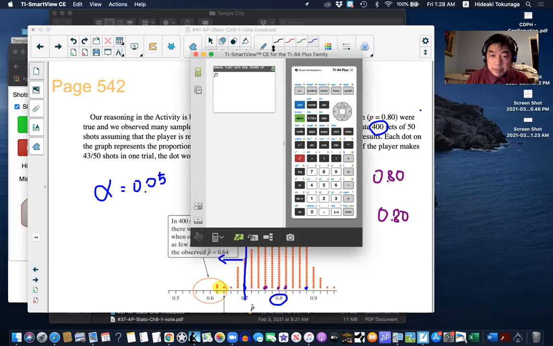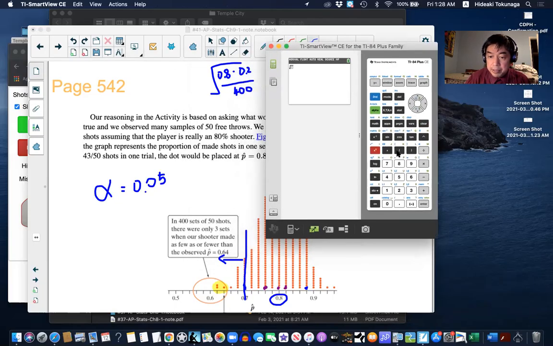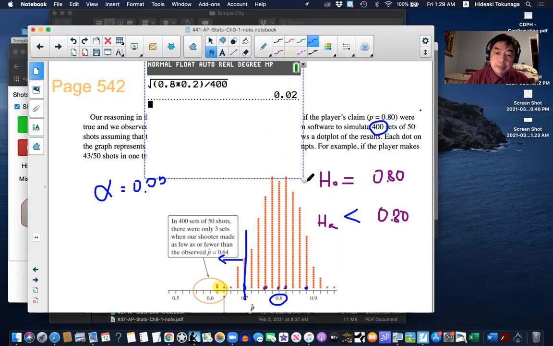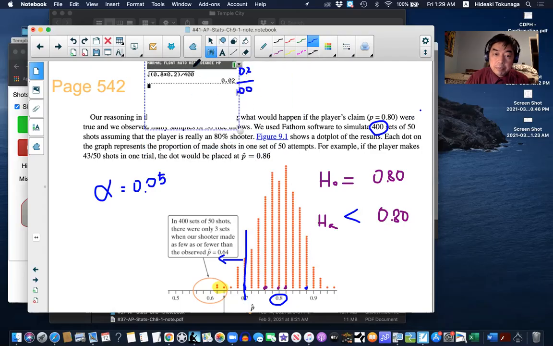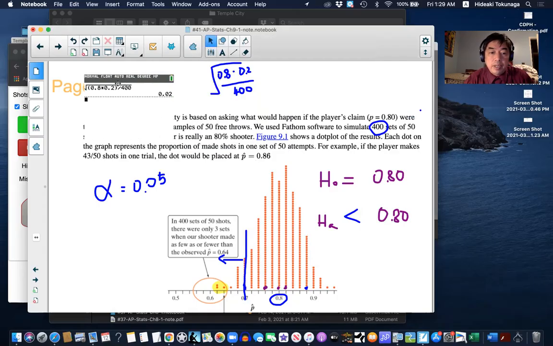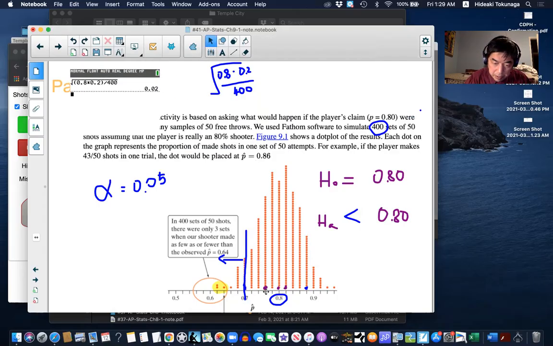Square root, parenthesis, 0.8 times 0.2 and close, divide by 400. 0.02. So standard deviation is 0.02.